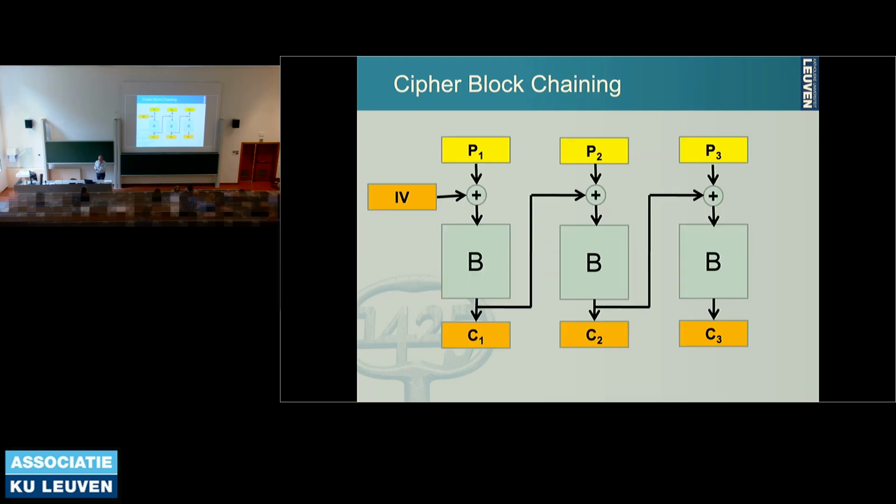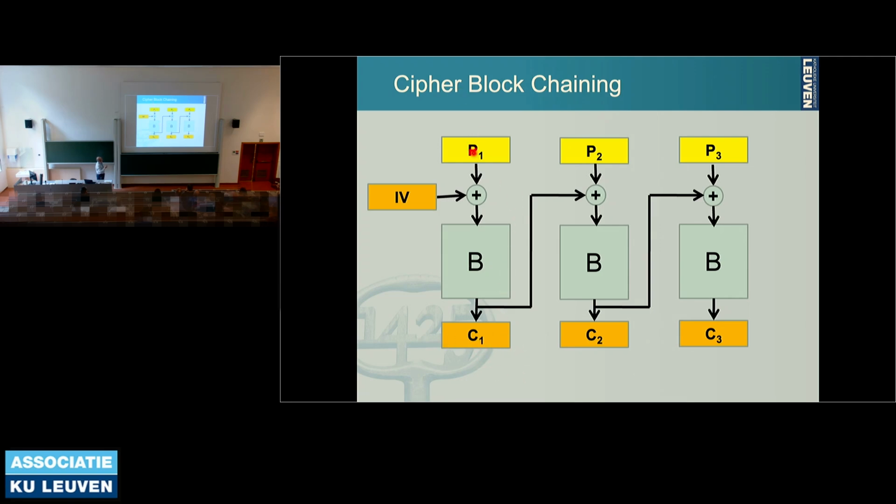And so that's why many products, in particular old products, use cipher block chaining, which is a simple fix to the problem, and where you say you do not just encrypt a block, but before encryption, you XOR it with the output of the encryption of the previous block.